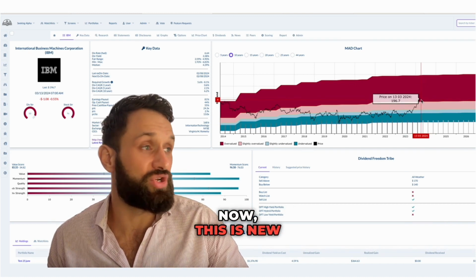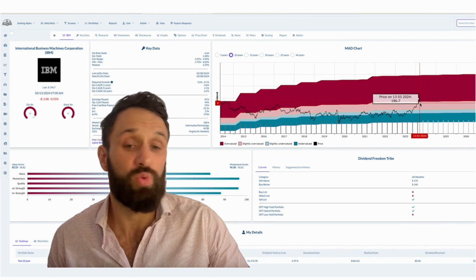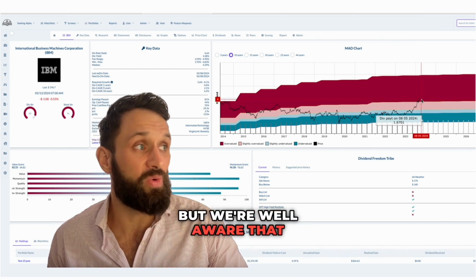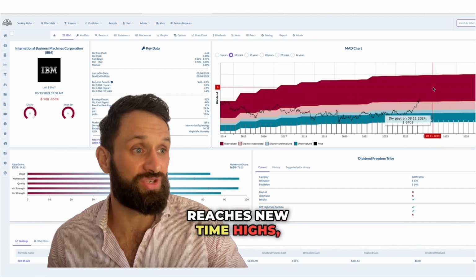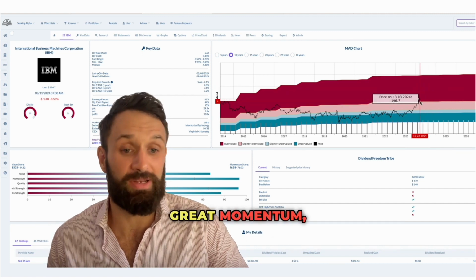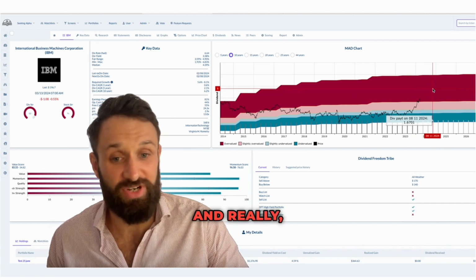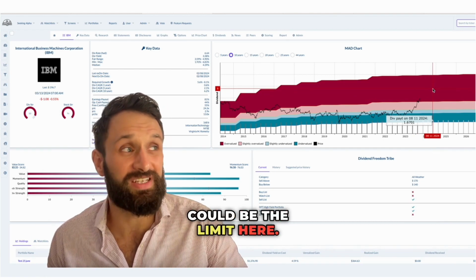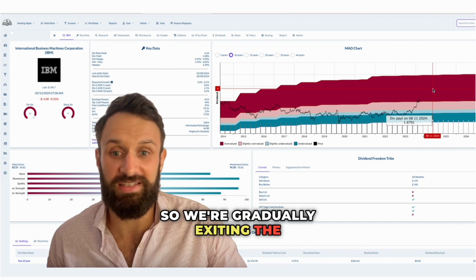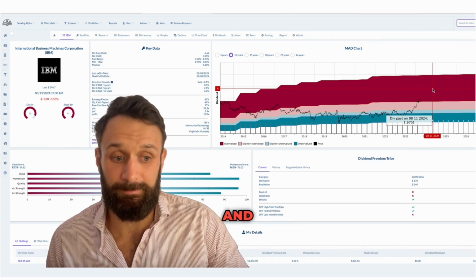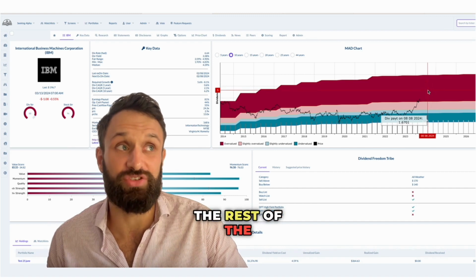Now, this is new all-time highs for IBM. We are starting to slowly load out our position, but we're well aware that as a stock reaches new all-time highs and has great momentum, there's much potential for it to go up, and really no saying the sky could be the limit here. So we're gradually exiting the position, taking our gains off the table, and just enjoying the ride up on the rest of the stock.